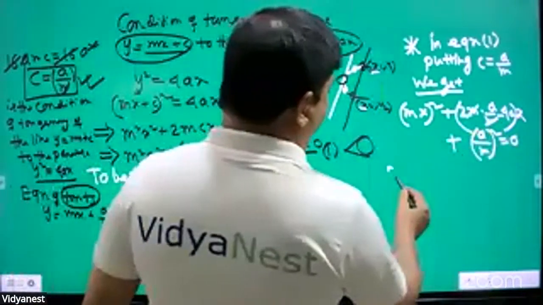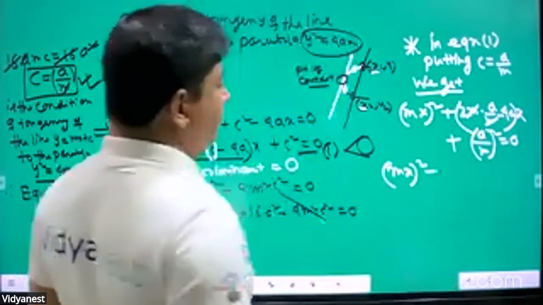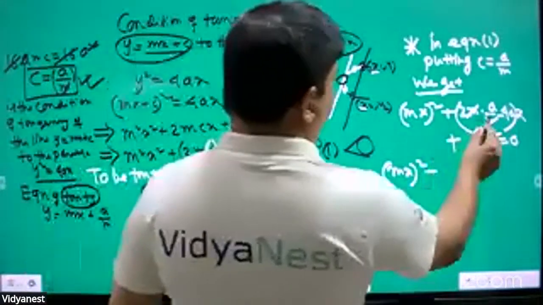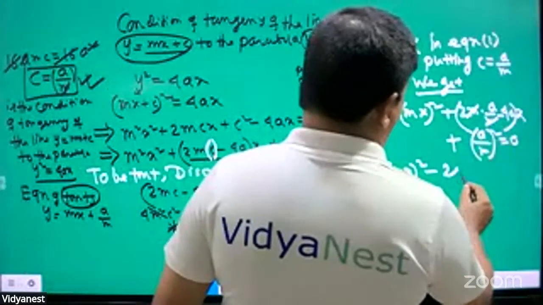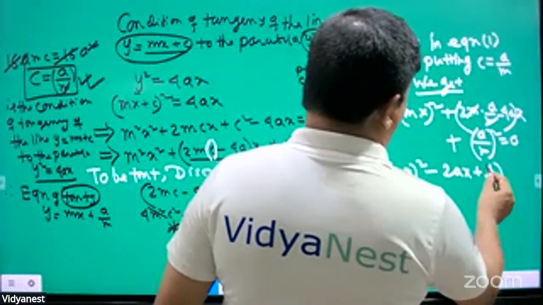That will give you what? (mx) whole square minus 2x plus (a by m) whole square.